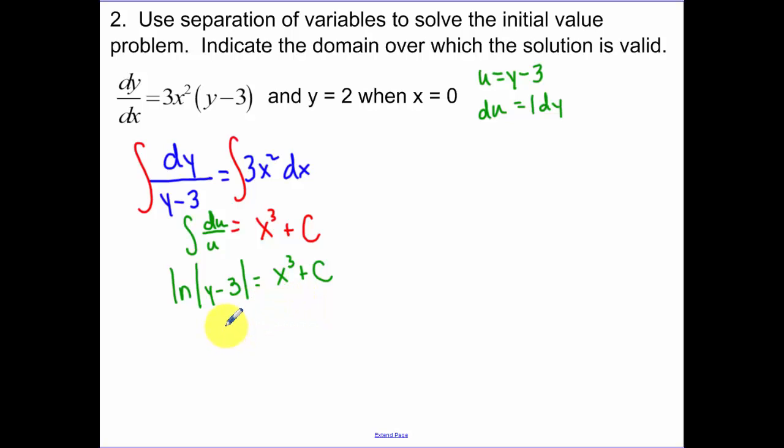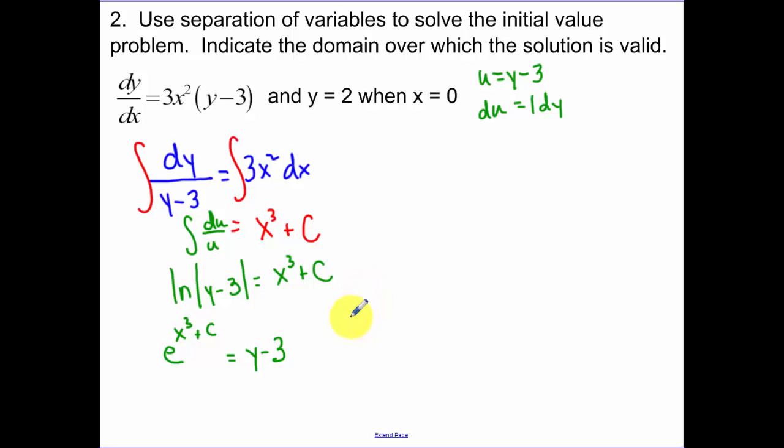Now let's solve for y. I want to solve for y right away, so I'm going to convert this to an exponential, because that's how I break the y out. So e to the x cubed plus c is equal to y minus 3. I chose the positive version because this y is positive.